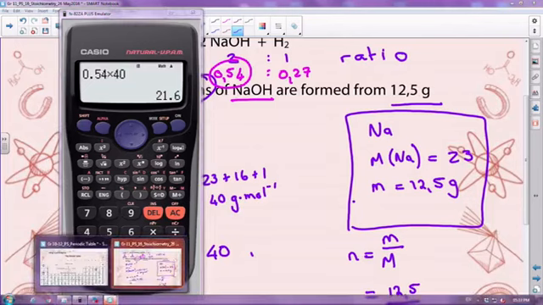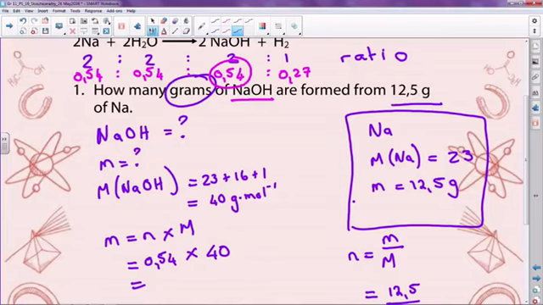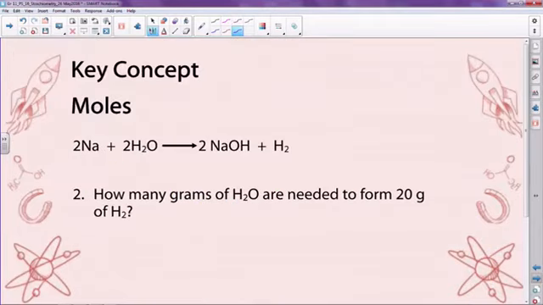So my answer here is going to be 21.6 grams.